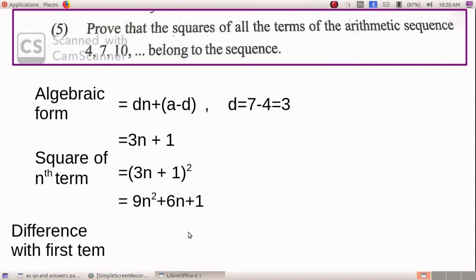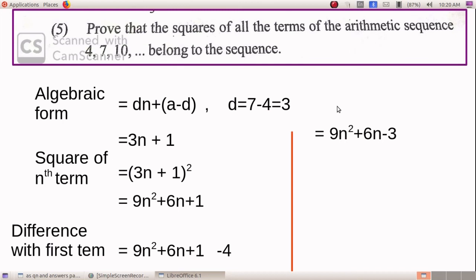The difference with the first term is 9n square plus 6n plus 1 minus 4. Now plus 1 minus 4 will be minus 3. So 9n square plus 6n minus 3 is the result.